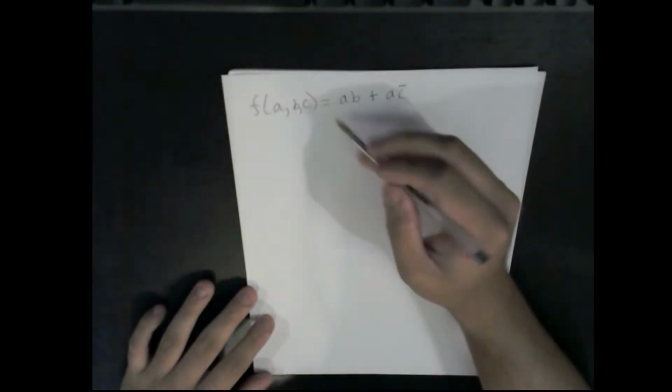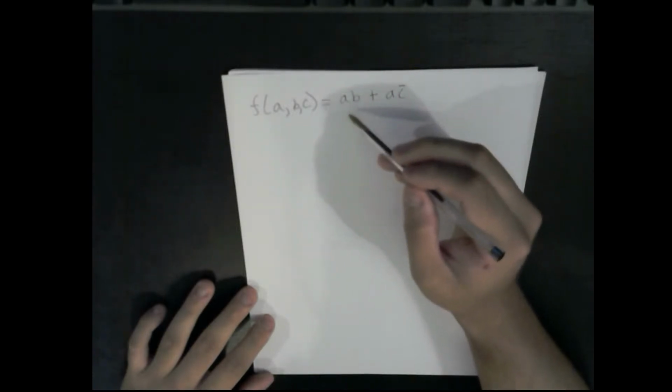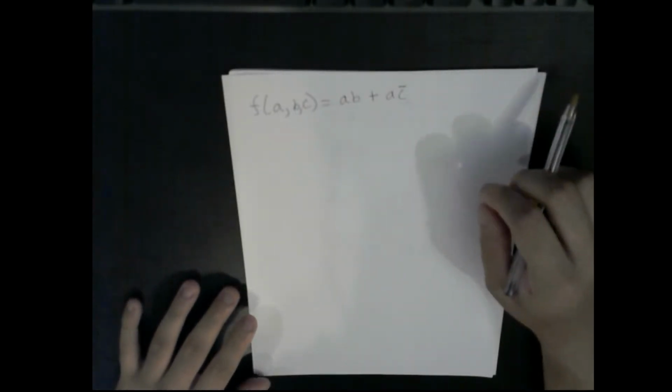So when we're talking about canonical SOP form, canonical sum of products form, that means I want to expand this equation. It's not going to be the most simple equation, but it's the most expanded equation. So how can we do this? I want to bring C back into this term without changing the equality, and I want to bring B back in this term. So let's go back and remember some Boolean identities.